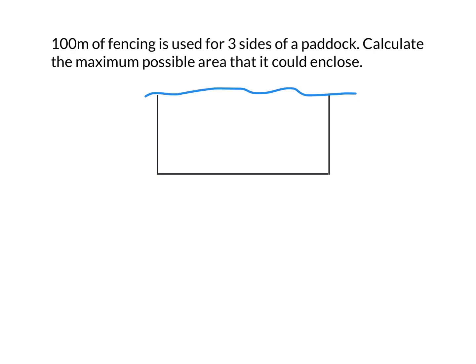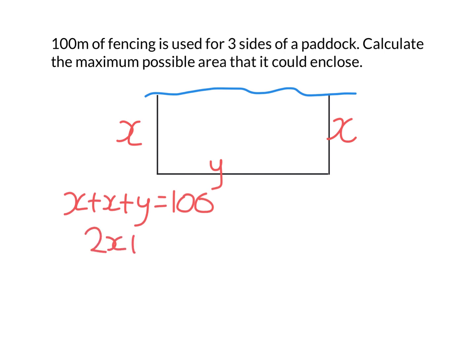So what we do is we're going to call the width here x. So what will this side be in terms of x? Well, if we just call it y for now, we know that 2x plus y has to equal 100. So what we're going to do is get y in terms of x. The reason is we don't know how to solve quadratic equations that have x's and y's.